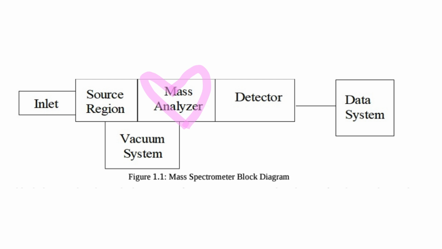The mass analyzer, guys, is the heart of the mass spectrometer. This section is capable of separating ions either in space or in time according to their mass to charge ratio. Once the ions are separated, they are detected, and the signal is transferred to the data system for analysis.